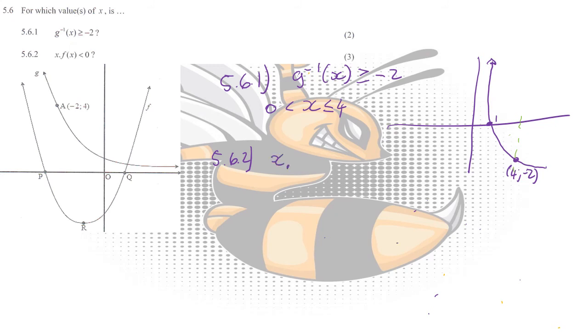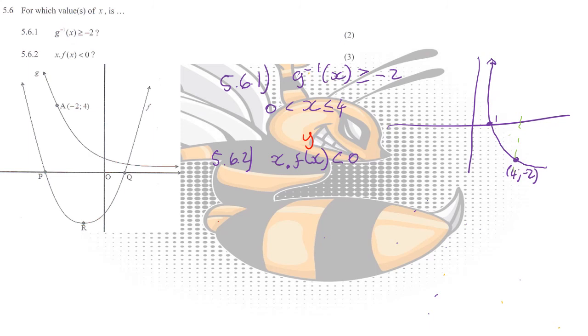Then for 5.6.2, in this case it asks me where, if I take the value of x and I multiply it with the value of f of x, will my answer be smaller than 0? So remember, f of x is just a fancy code word we can use to talk about y. So in a sense, where does the x value that I have, if I multiply it with the y value I got from f of x, give an answer smaller than 0? So that would mean that one of them needs to be negative while the other one is positive.